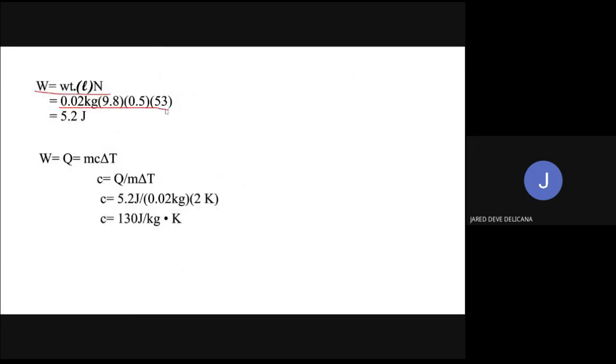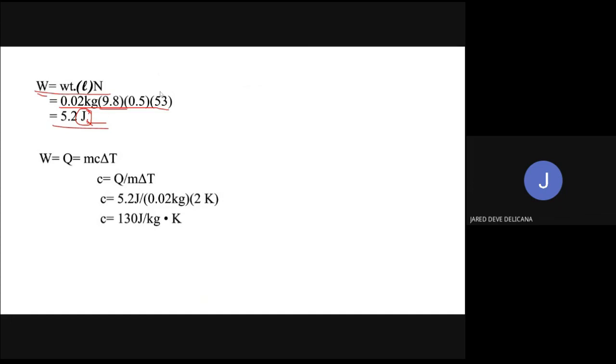This is the amount of work that is done in our system. So we know the weight of our metal shots multiplied by the acceleration due to gravity, 9.8 meters per second squared. I did not include all of the units here, but all you need to take note of is that this would boil down into J, because that is the unit of work.